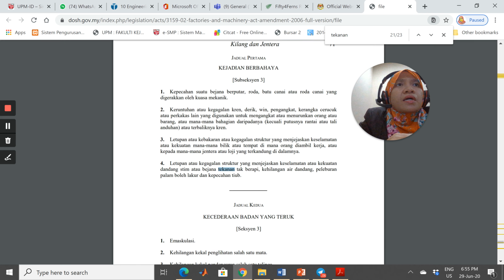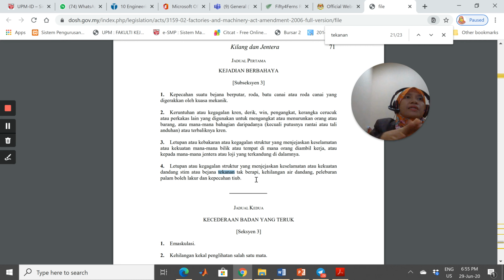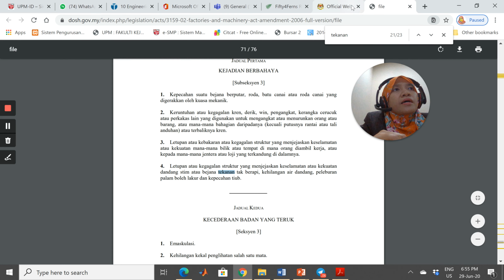This is also a clause for the category list, the schedule for types of danger that may happen with a pressure vessel. This is among the clauses in the Machinery Act, and then there is a regulation.